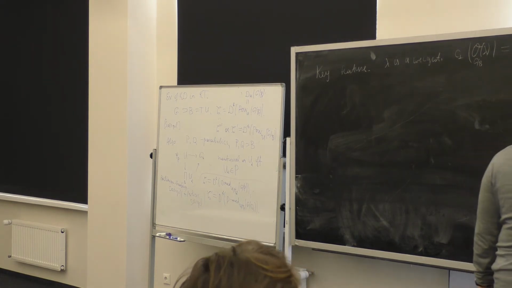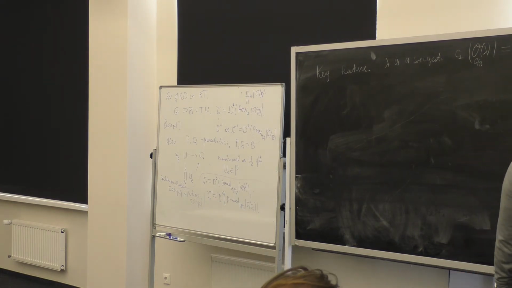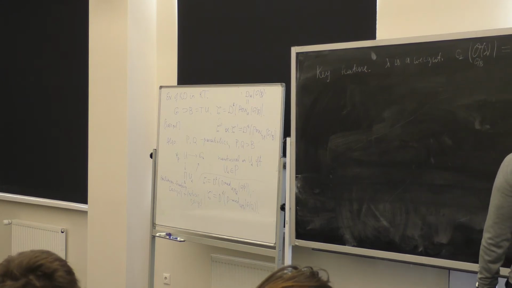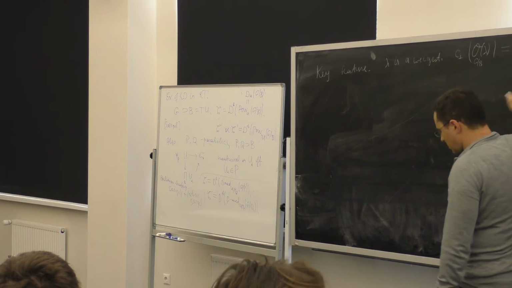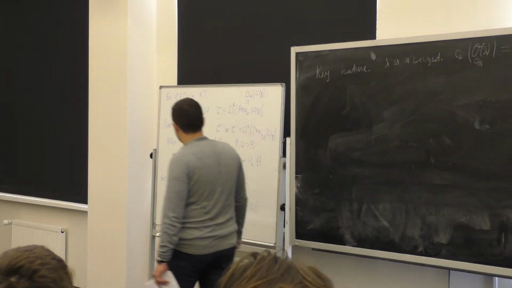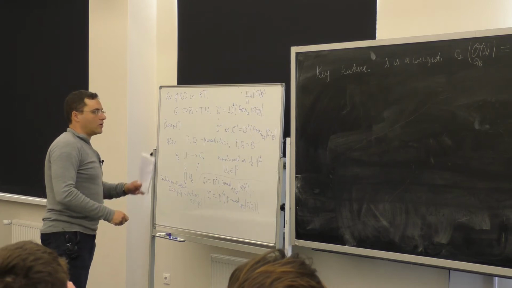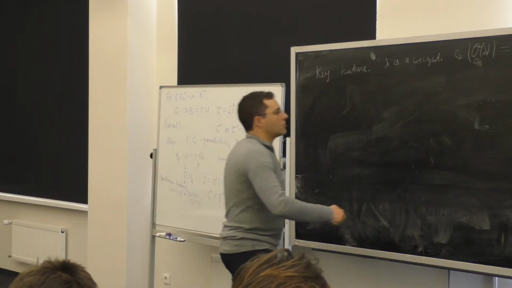It acts on the derived category of all sheaves on G mod B, but in particular on category C. And so it shifts homological degree by 2. But now this is a causal dual.